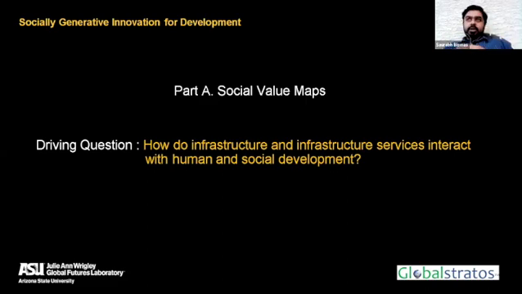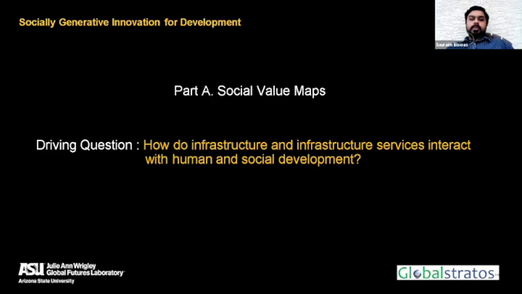So as you all might already know, every data process begins with a question. It does not have to be a very refined and very narrow question, but there is definitely a broad driving question that is informing our inquiry. In this context, the reason why we are participating in this training, we are all interested in development, we are all interested in innovation and generating social value out of those innovations.